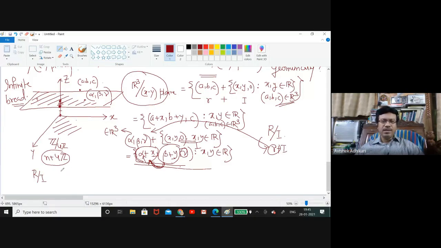Anyway, so the next question is: is R quotient I an integral domain? So you have a ring structure here, and you now know these elements. Now my question is, is R quotient I an integral domain?